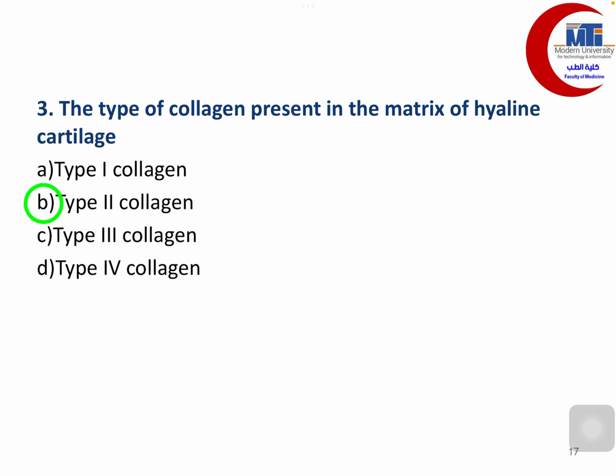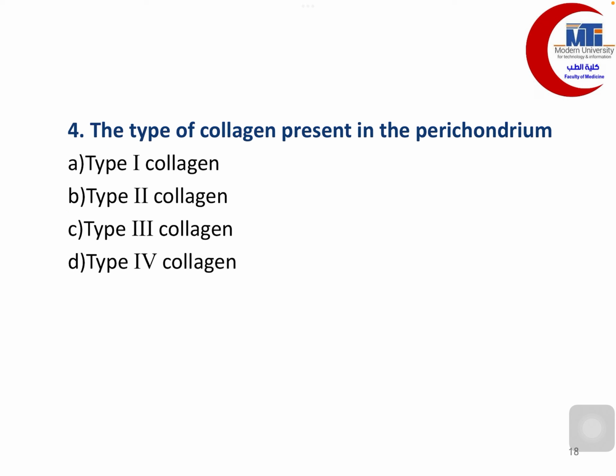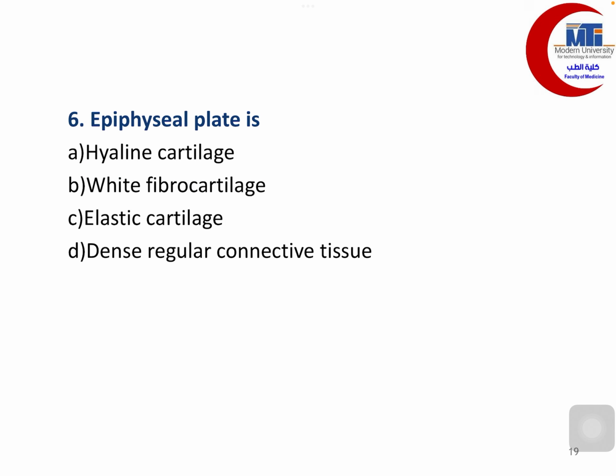We mentioned before that type 2 collagen is present inside the matrix of all types of cartilage, and in the perichondrium, the type of collagen is type 1 collagen. The epiphyseal plate is a type of the hyaline cartilage.